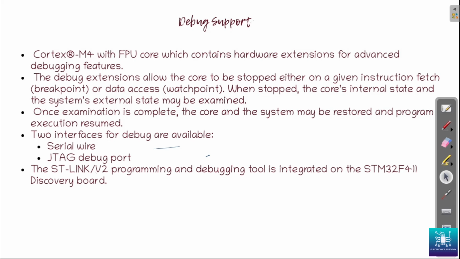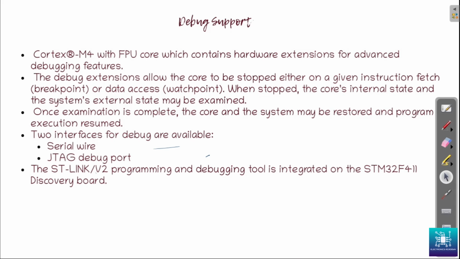And we are going to do that going forward, when we are in the interrupt section, or in other sections, we will be using the debugging feature heavily. Once examination is complete, the core and the system may be restored and program execution resumed.